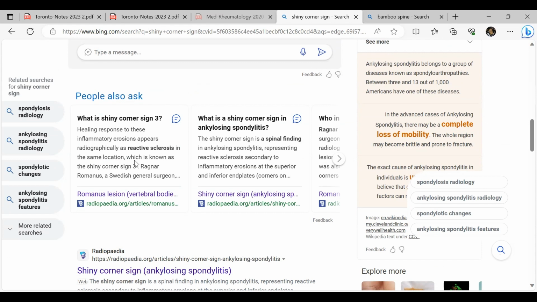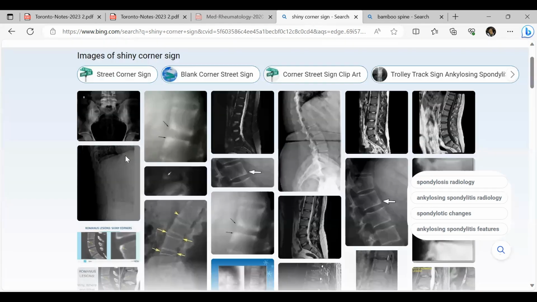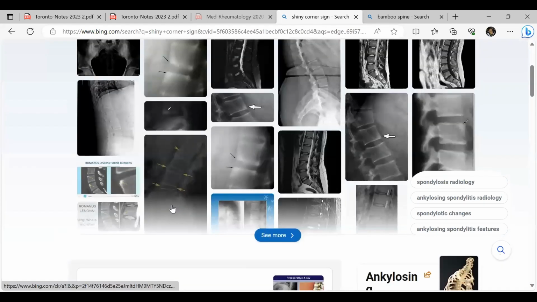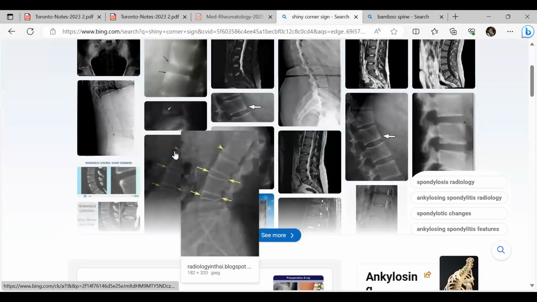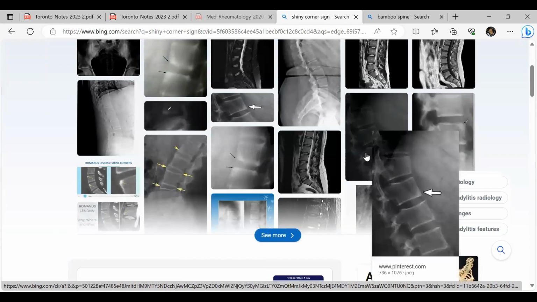So it's the healing response toward the inflammatory process, and it appears radiographically as reactive sclerosis in the same location. So you can see it over here, shiny sign. Here it's more prominent, the arrow one.